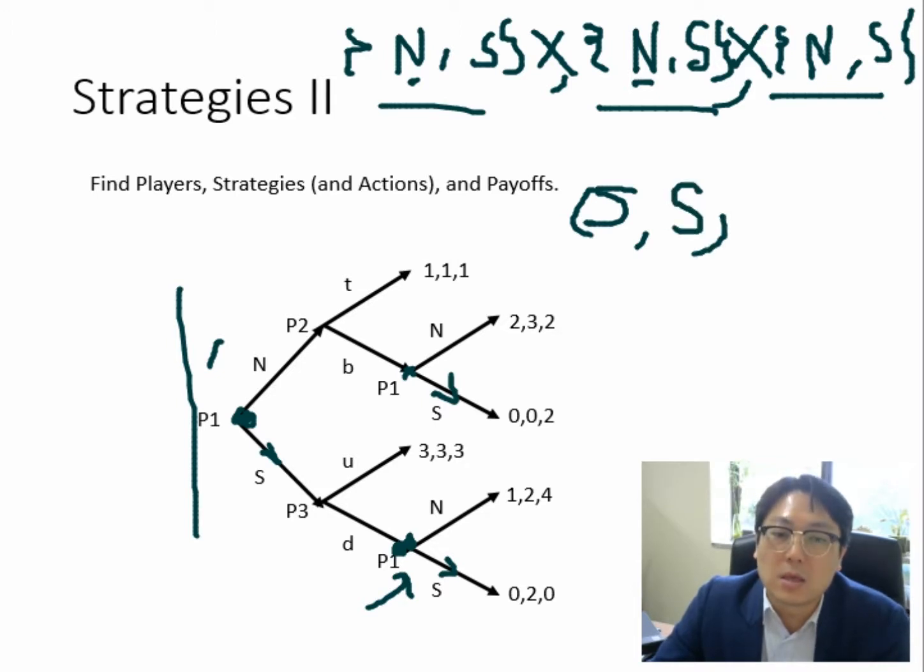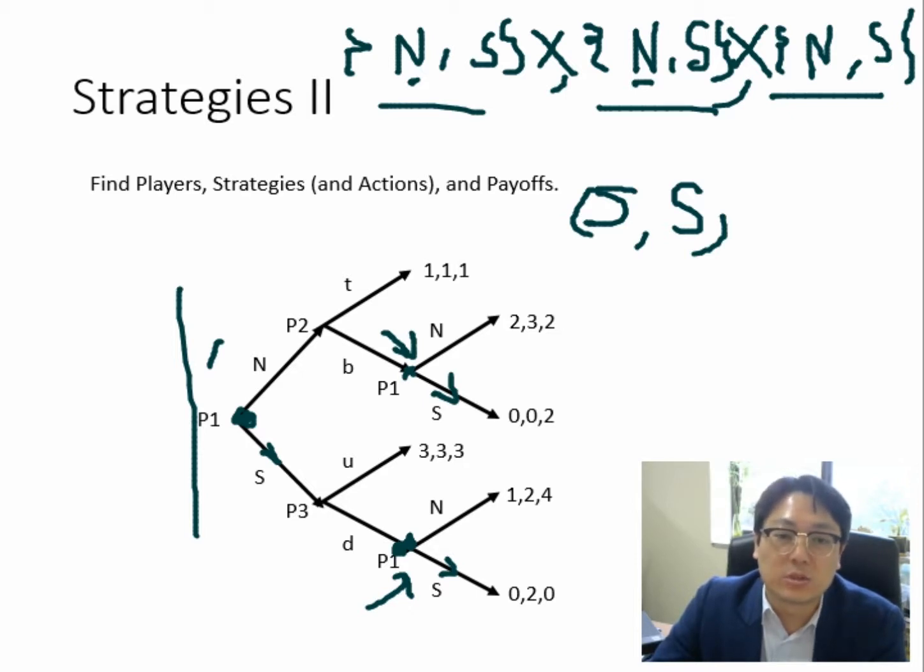And there is no chance that this node is reached. But even though the first player just tries to choose S, because of some reason, just the trembling, because his hand is trembling, or maybe his mind is trembling, he is out of his mind. So even though he tried to choose S, by chance he can choose N. Then maybe there will be a chance that this node is reached.